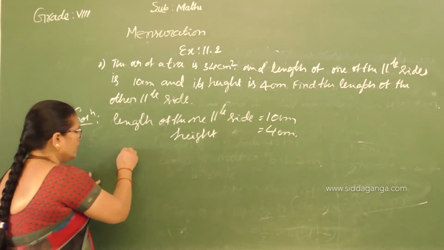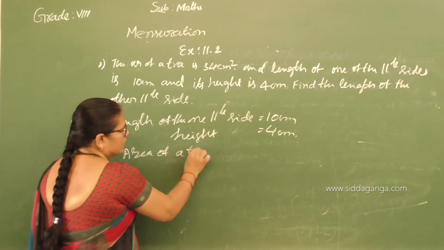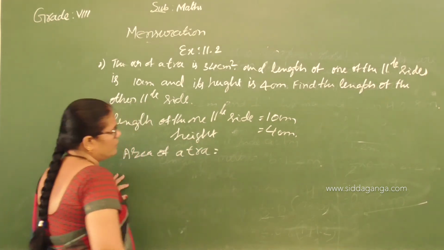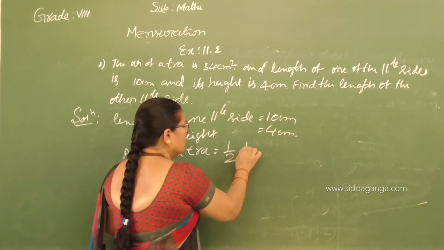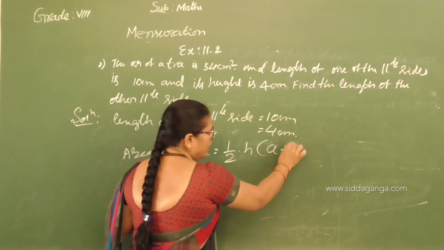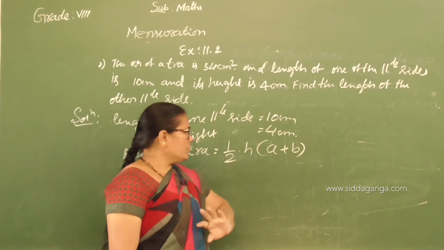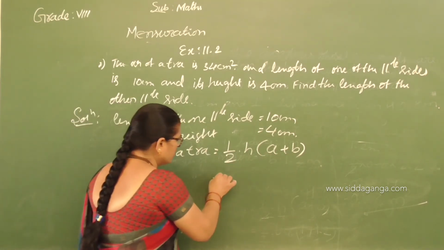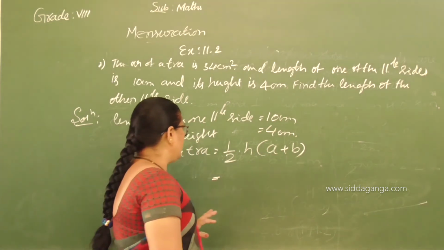We have to take area of a trapezium is equal to, what is the area of a trapezium? Half into h into sum of the two parallel sides. Taking the parallel sides as a and b, I can write it as a plus b.